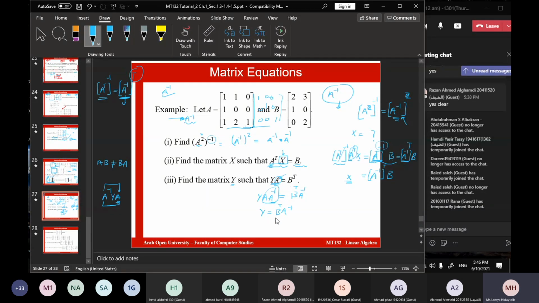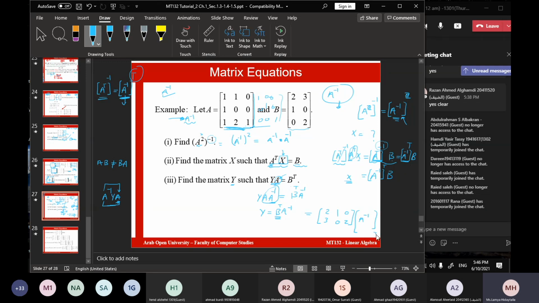Okay? So what remains? I need B transpose, but this is the B. So I will take the transpose of the B, which is equal to 2 3 1 0 0 2. So this is my B transpose. Multiplied times what? Times this inverse of A. So times the A inverse. What is the dimension of A inverse?